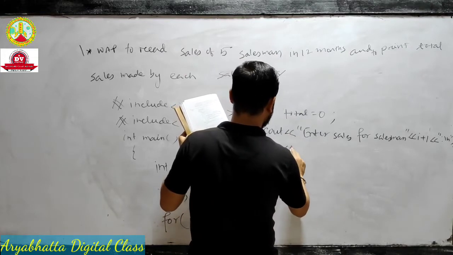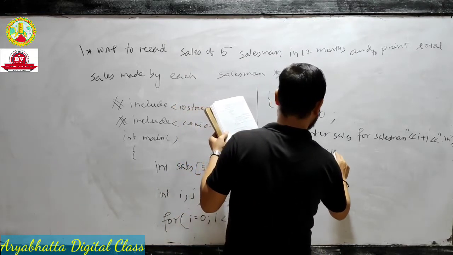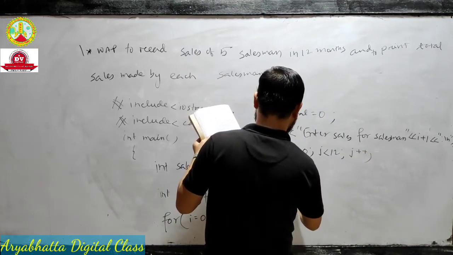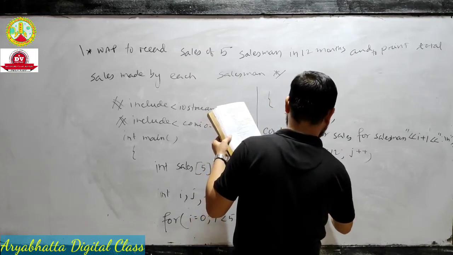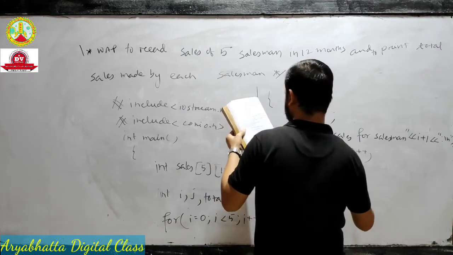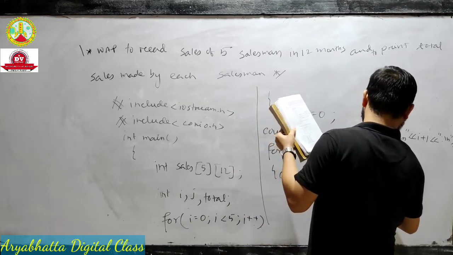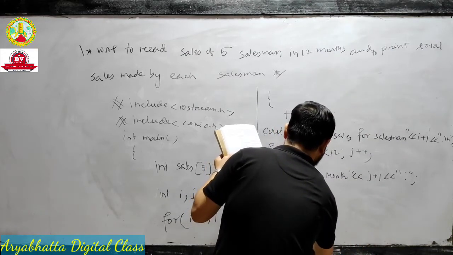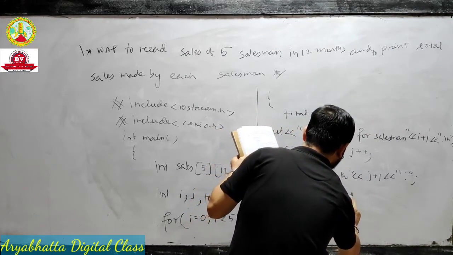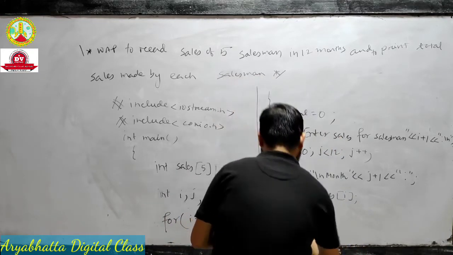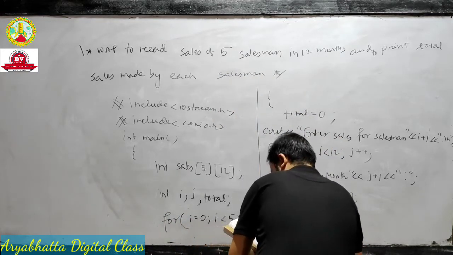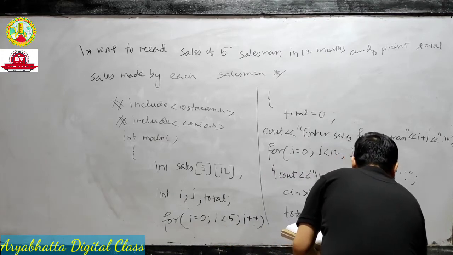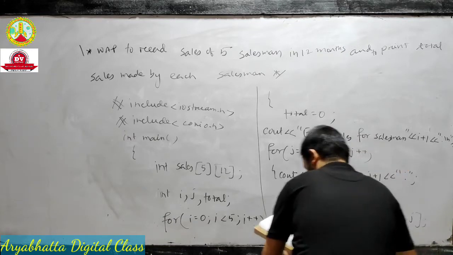Then this is the for loop: j is equal to 0, j less than 12, j plus plus. cout month. Then total is equal to total plus sales[i][j].